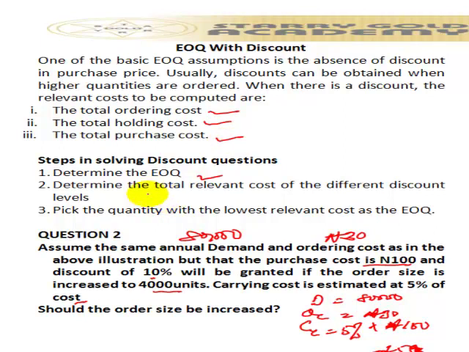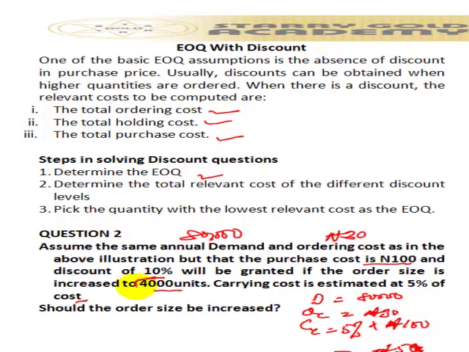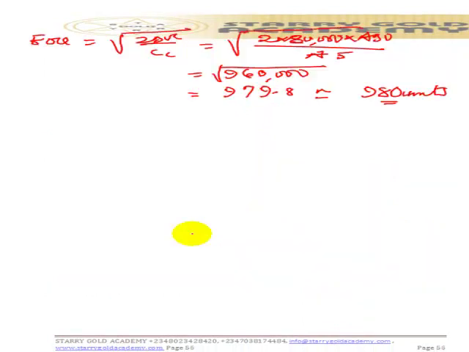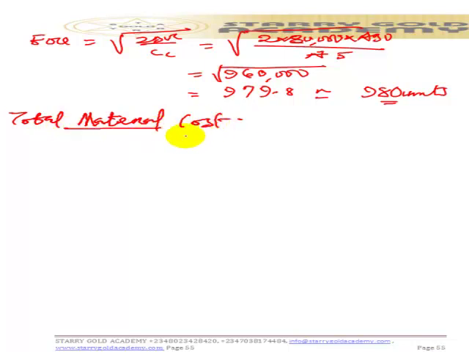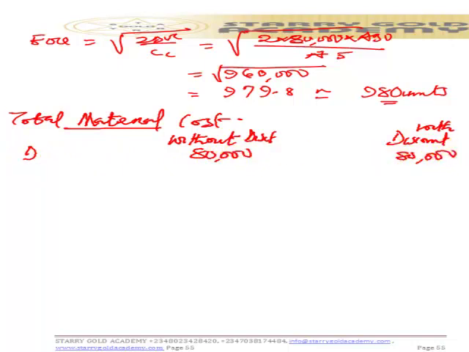But we have been told that if the company can raise its order to 4,000 units, it will enjoy a 10% discount. So what we have to find is the total material cost, without discount if the discount is not taken, and with discount if it is taken. Whether the discount is accepted or not, our annual demand remains 80,000.